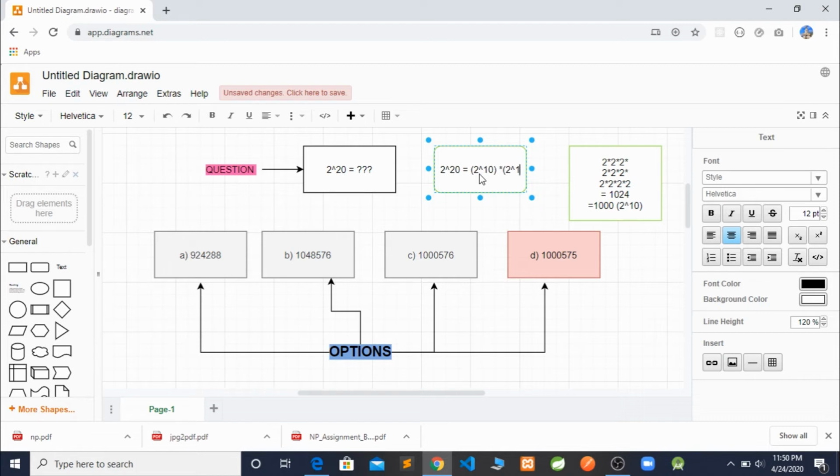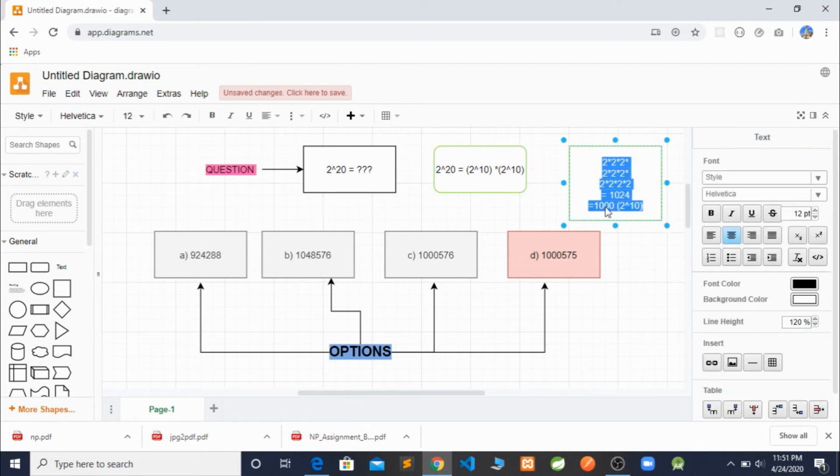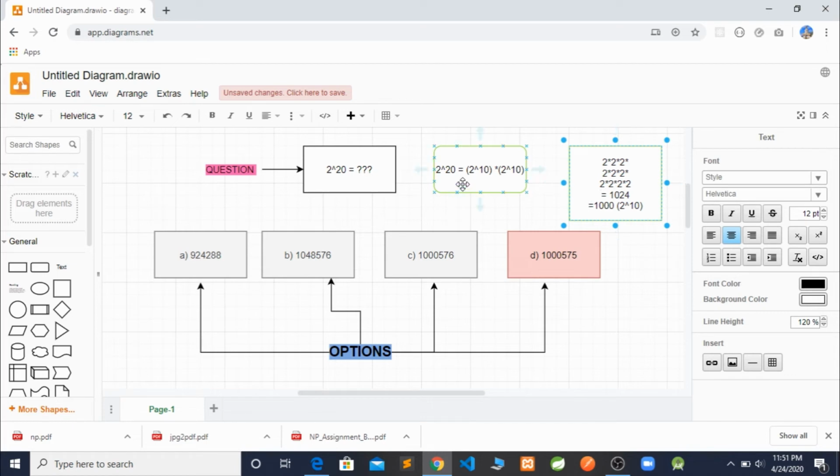So this is the law of indices, the basic mathematics you have to know. When the bases are the same, the powers get added, so that it becomes 2 to the power 20. It basically means multiplying 1024 times 1024. But multiplying 1024 and 1024 without a calculator is really difficult.